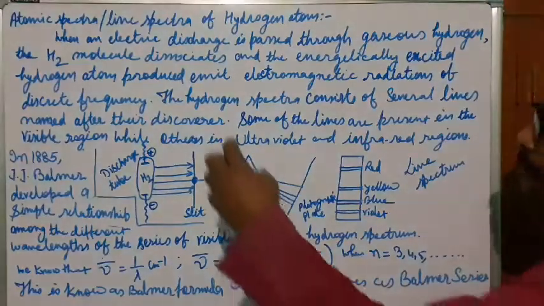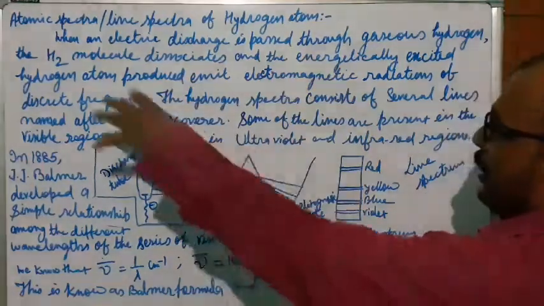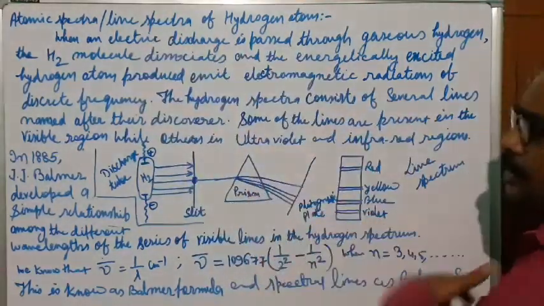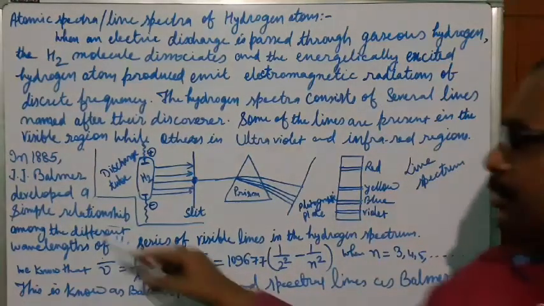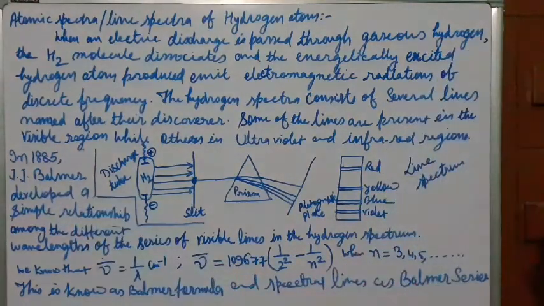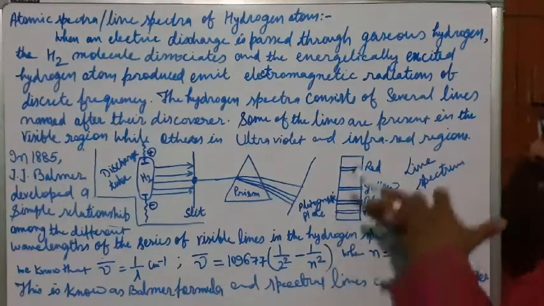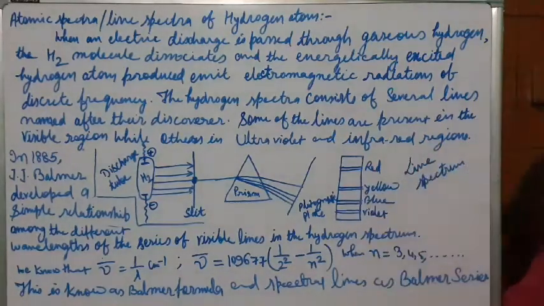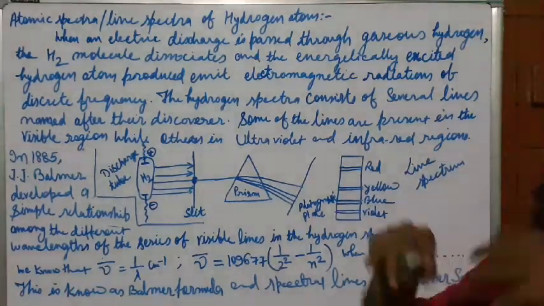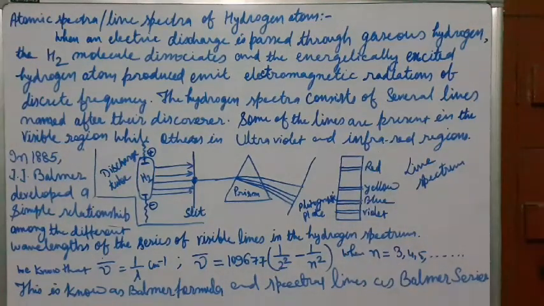But the very first time this line spectrum was produced was by a scientist called J.J. Balmer. He was the first scientist who carried out this experiment and gave the world an idea of the hydrogen spectrum.